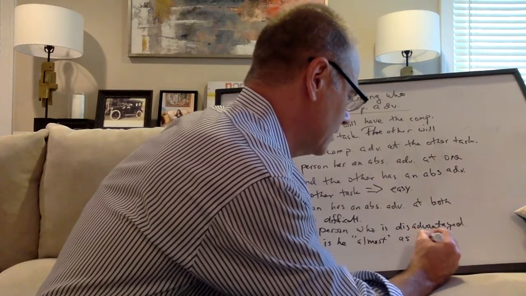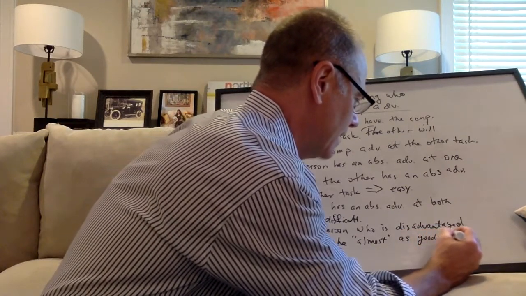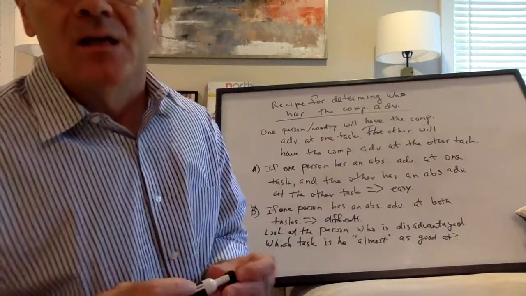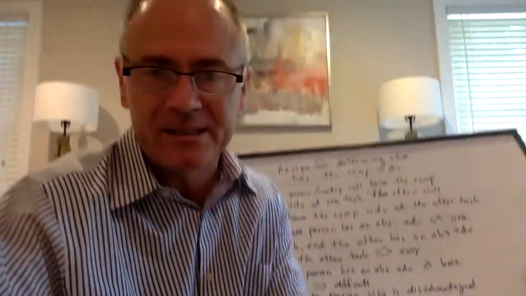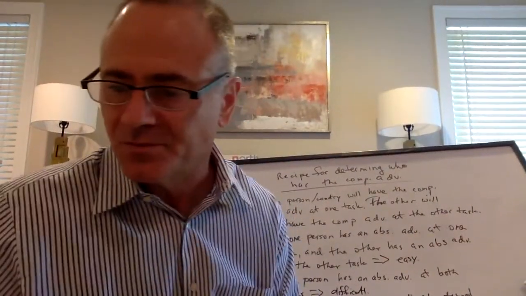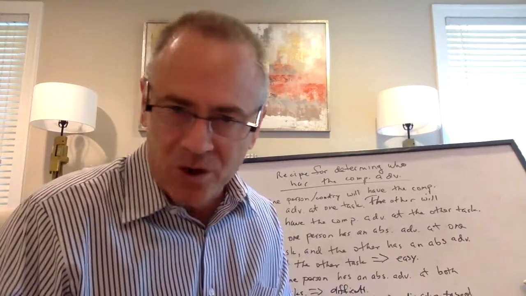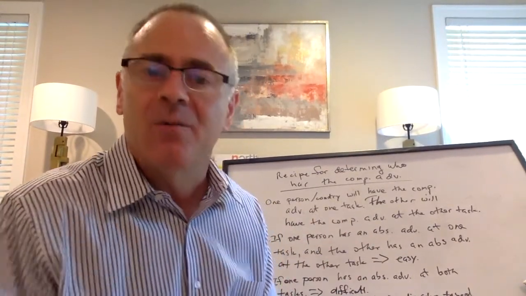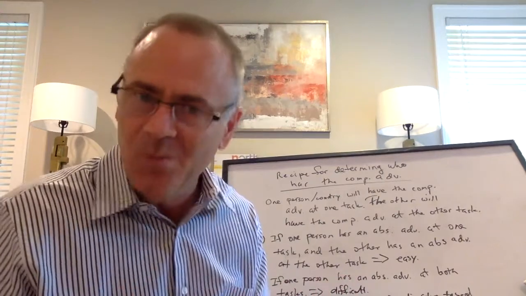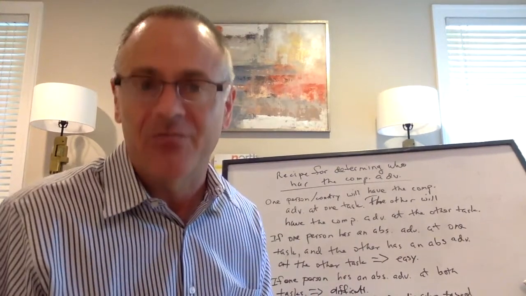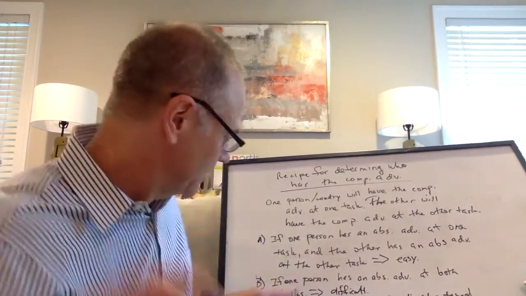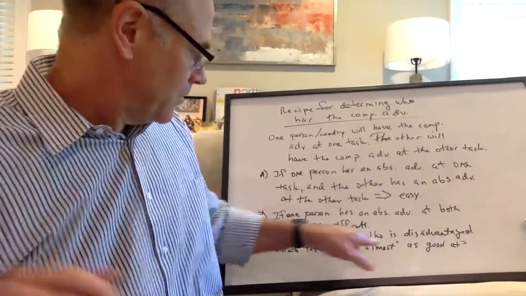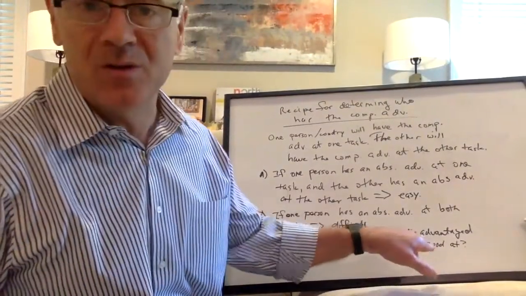Okay. So, in that case, my 3rd year of marriage, I was worse at both cooking and dishes, but we said I was almost as good as my wife at cooking. So in this case, you'd ask which task is he almost as good at?